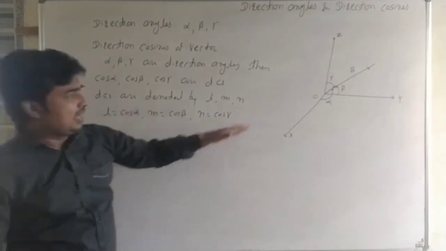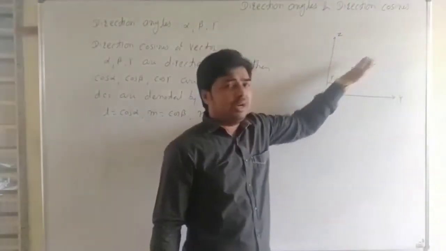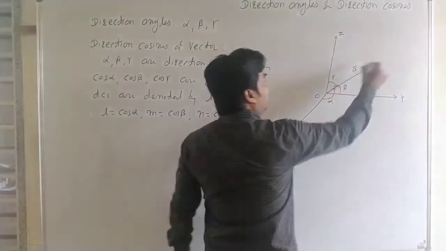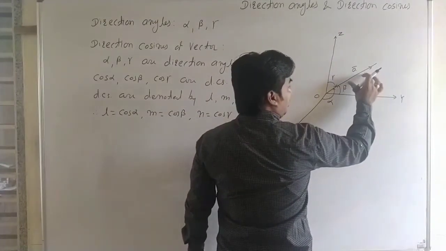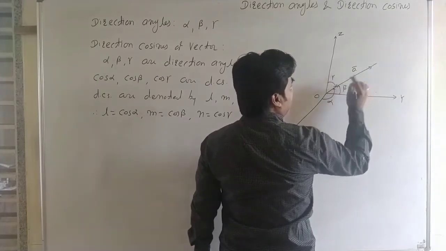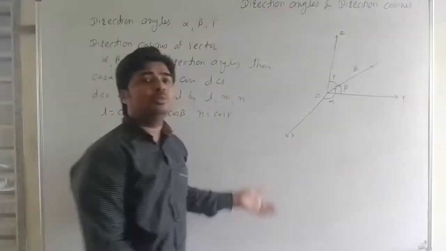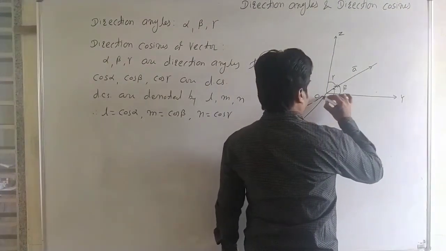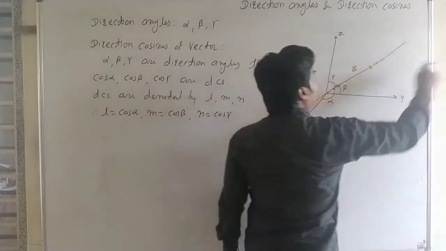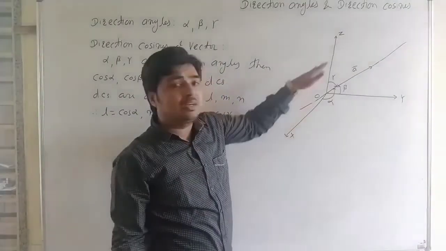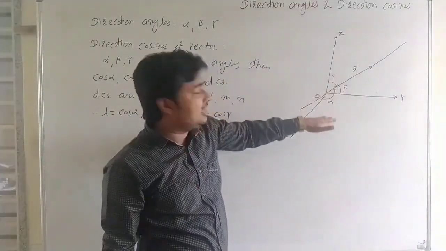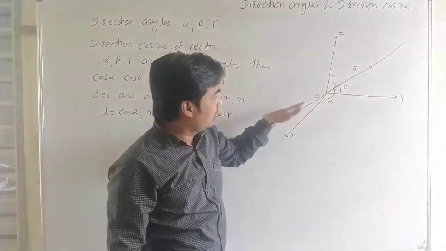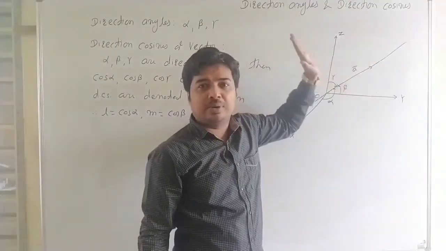Here a bar is any vector, or consider any line along the vector a bar. Then the direction angles of that line and of the vector a bar are the same, because the line is along the vector a bar.